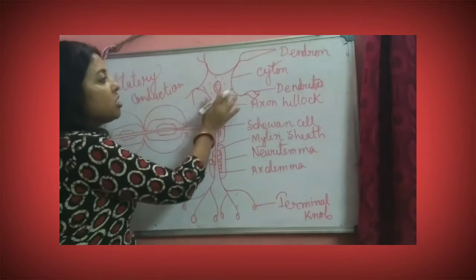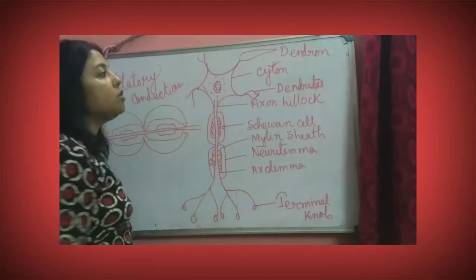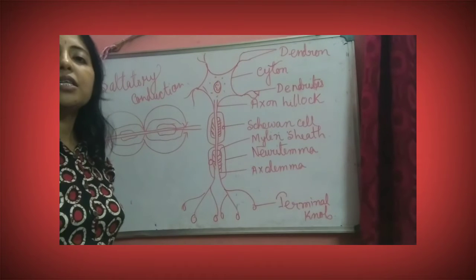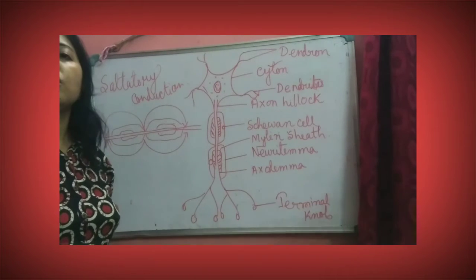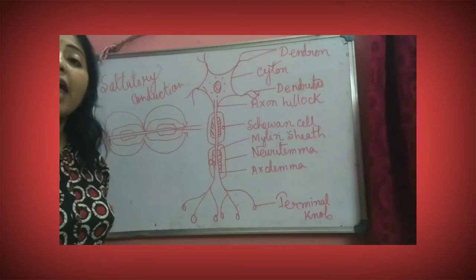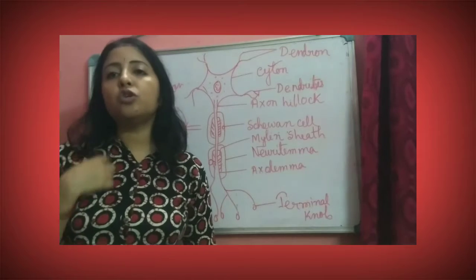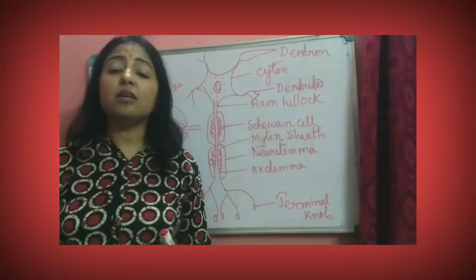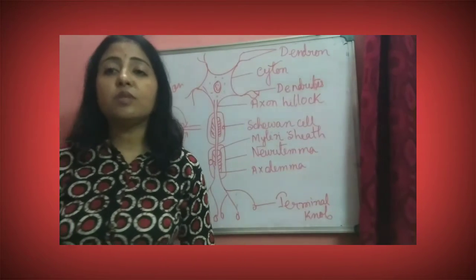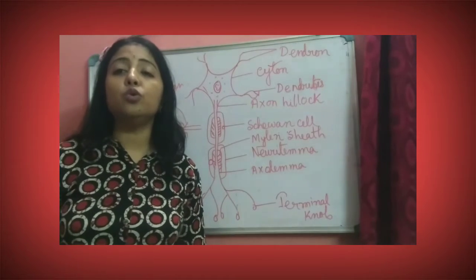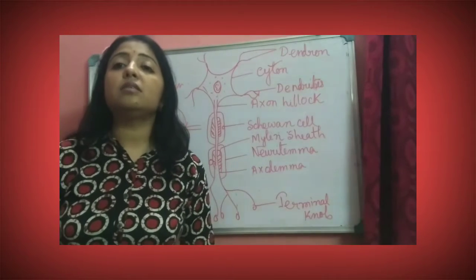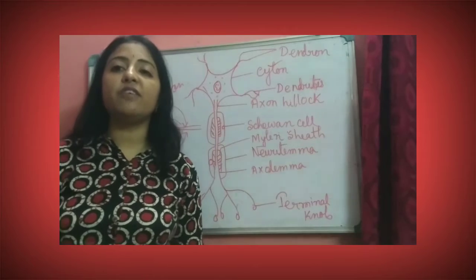So, what is the function of this portion? The cellular portion, cyton, contains different types of organelles except centrosome. Centrosome is present in animal cell and it helps to initiate and regulate the cell division by forming spindle fiber.